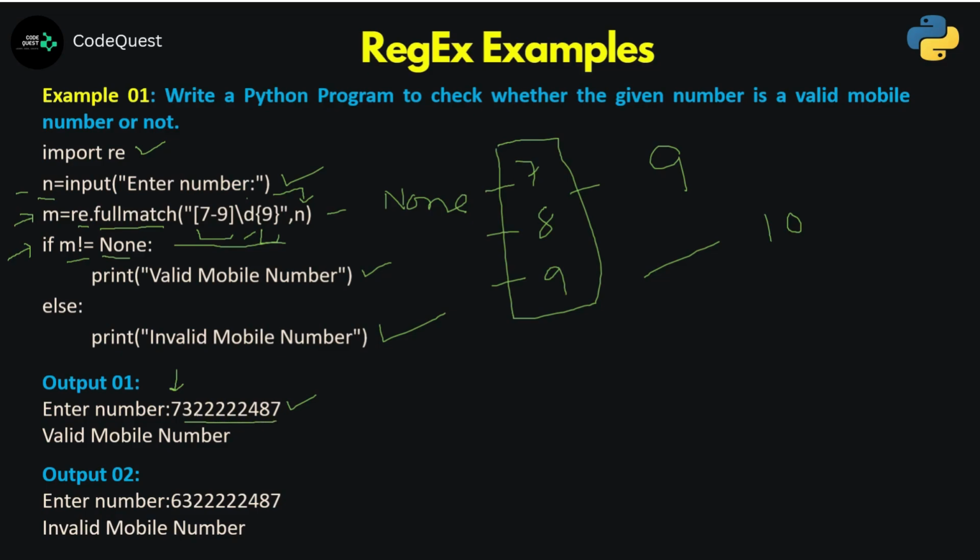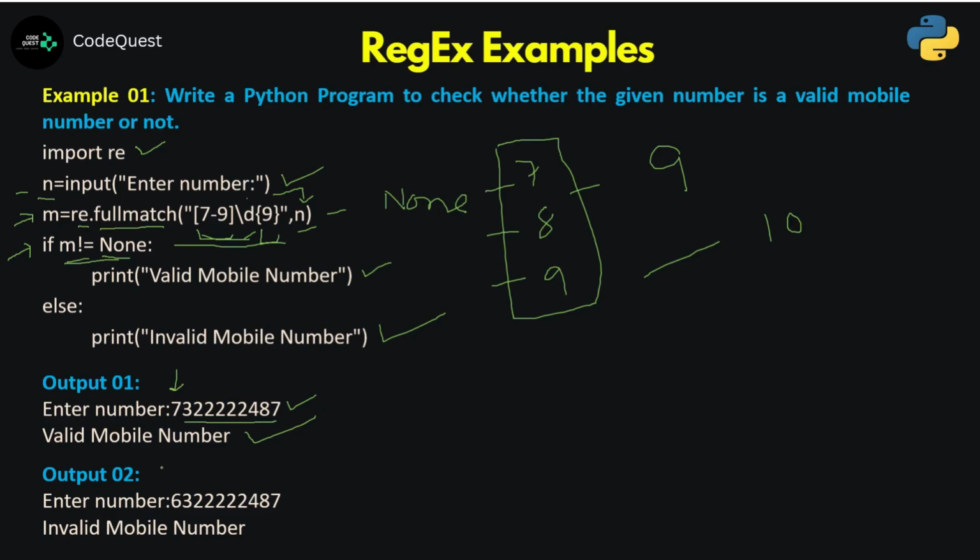As we can see, we have a total of 9 digits present here. Hence this pattern is completely matching, so it returns a match object, this condition will be true, and as a result we get that this number is a valid mobile number.